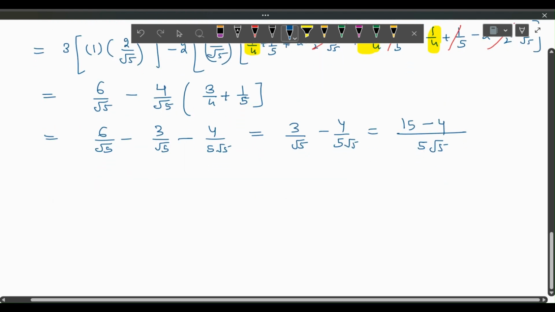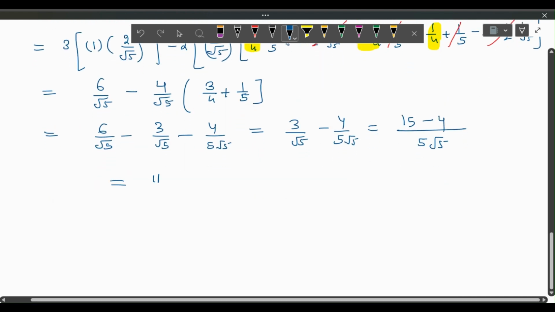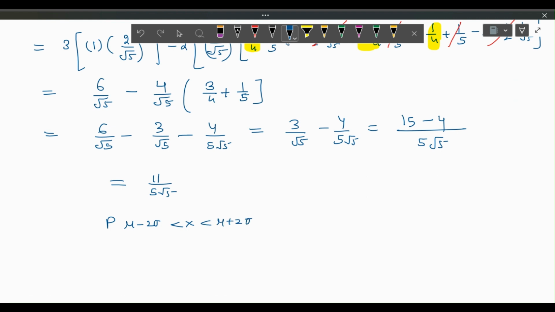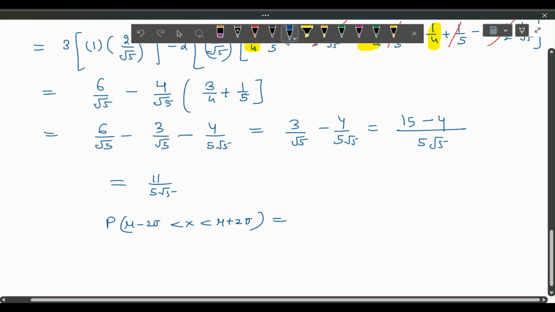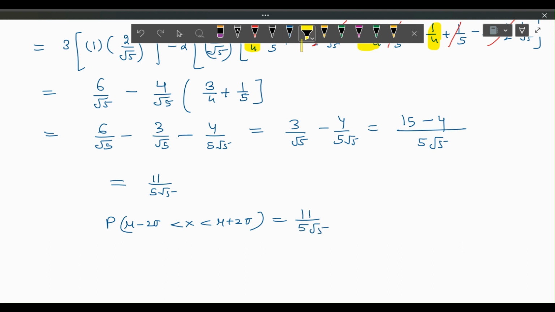So after solving it, it will be 11 over 5√5. So the probability of mu minus 2 sigma less than x less than mu plus 2 sigma will be 11 over 5√5. So this is our final answer.